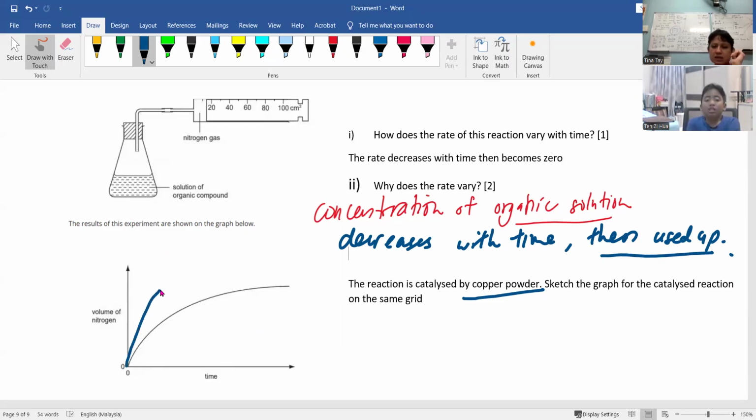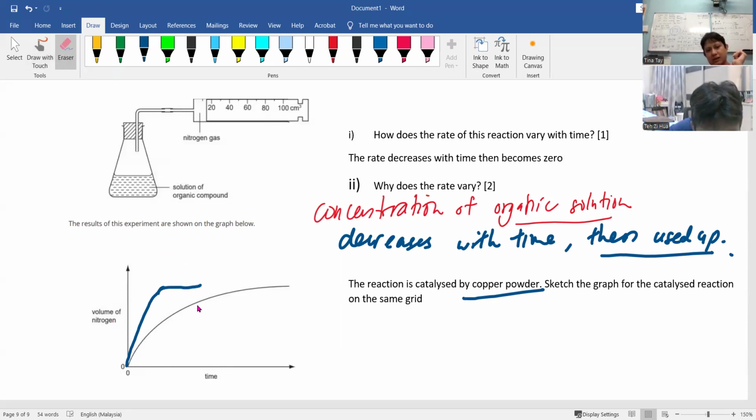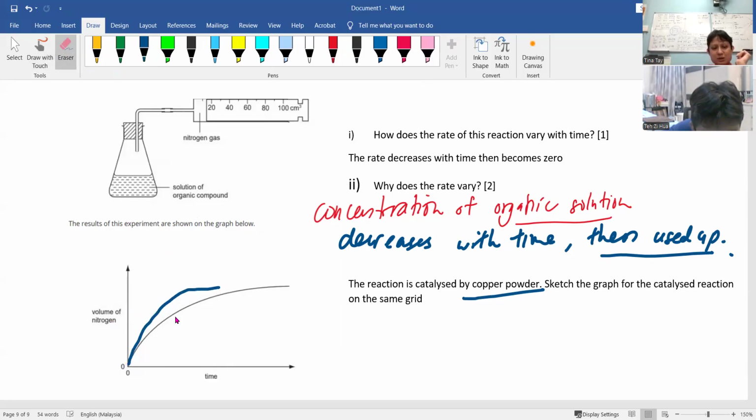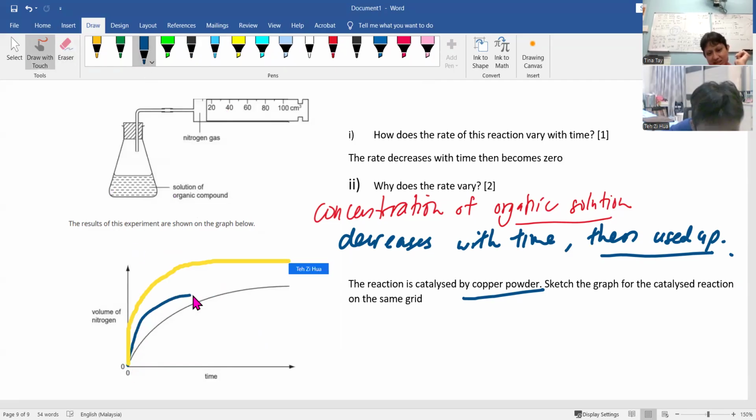And then the total will be the same or higher? Same. So is it something like this? Like that. Correct. Just lower a bit. Wait, like this. Okay. All right. Do you understand?